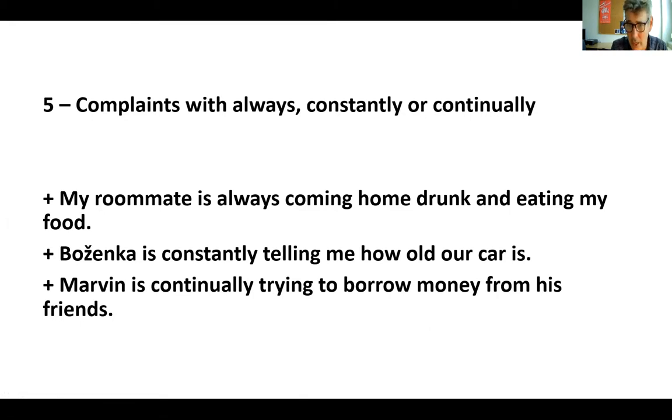You'll get it if you ever take a Cambridge Advanced exam. Definitely these kinds of examples will be on there. Bojanka is constantly telling me how old our car is. I'm complaining. I'm belly aching, about Bojanka again, because that's what I do.